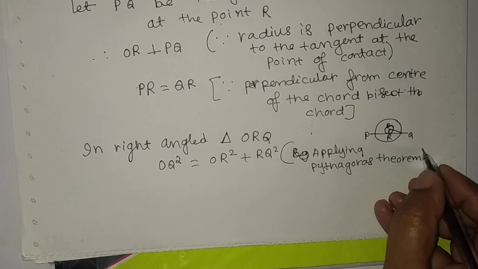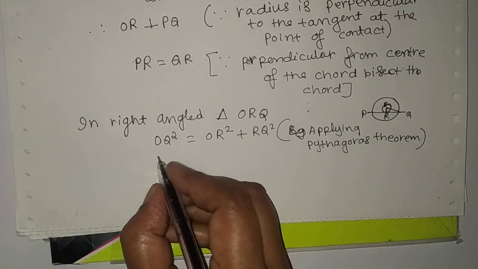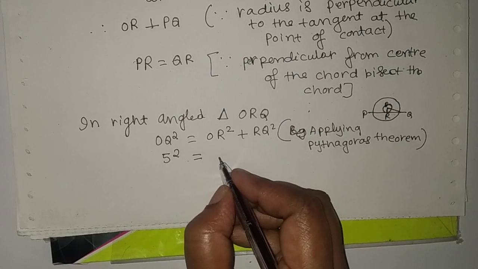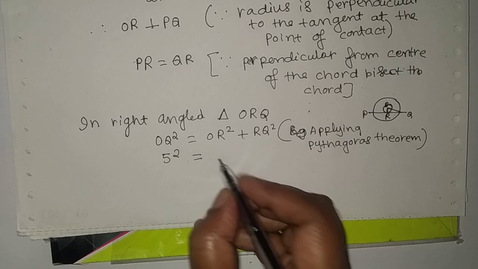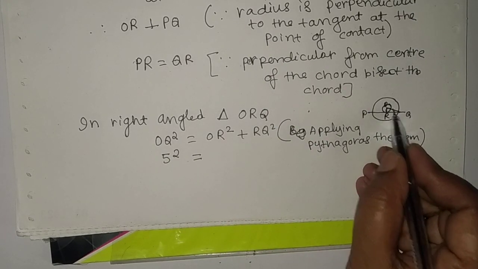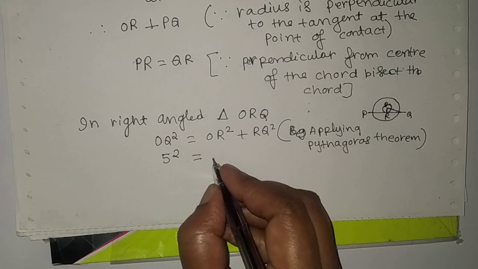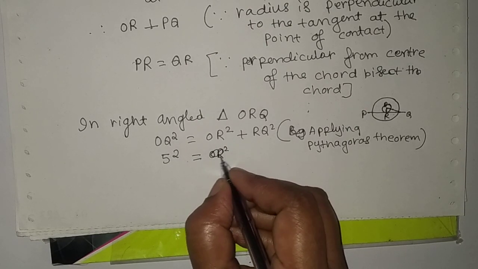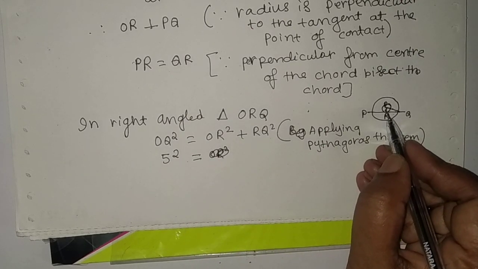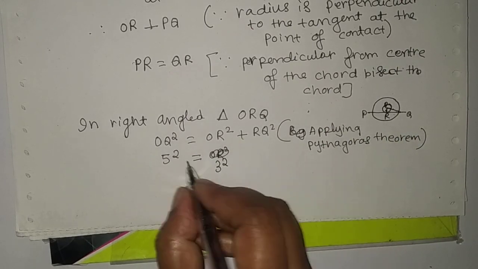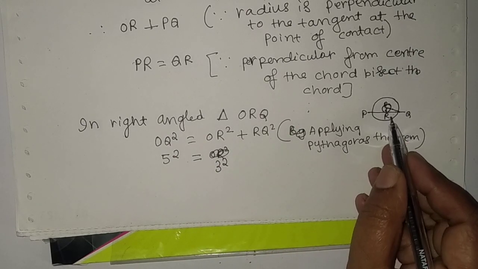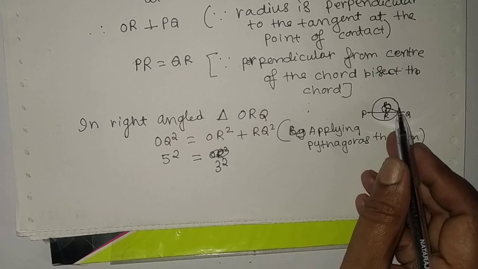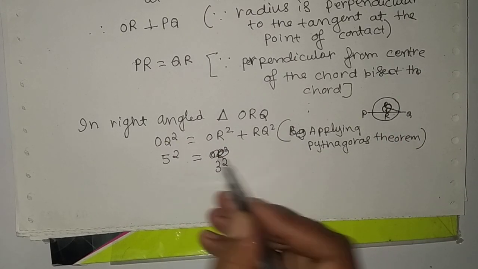After this, substitute the values given. They have given OQ as 5, so 5 square is equal to, because OQ is the radius of this circle. Then OR square, OR is how much? They have given 3, so 3 square, because two radii are given. OR is the radius of the small circle, and 5 is the radius of the larger circle, that is OQ.